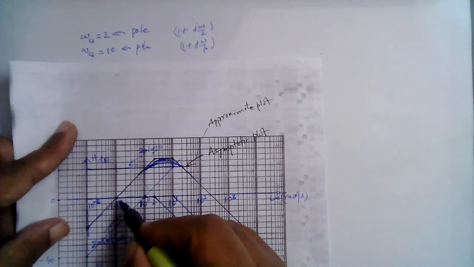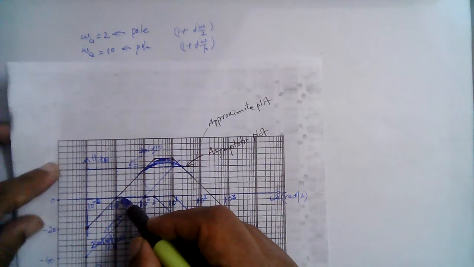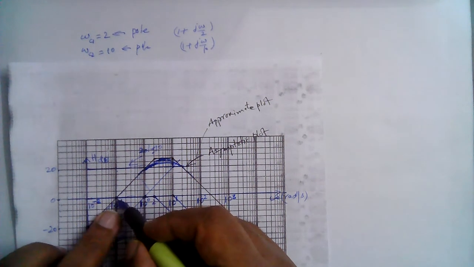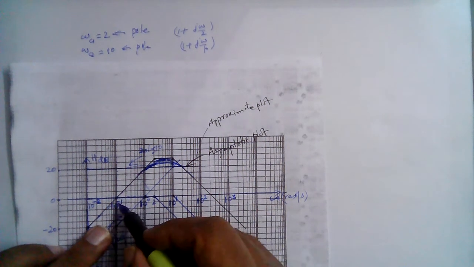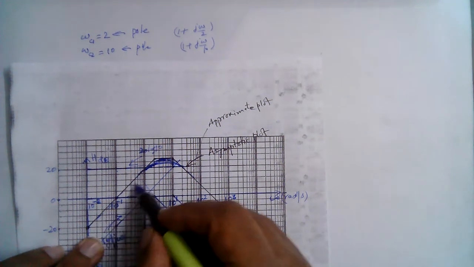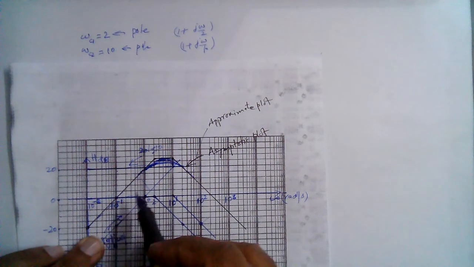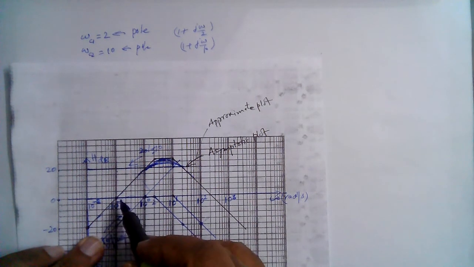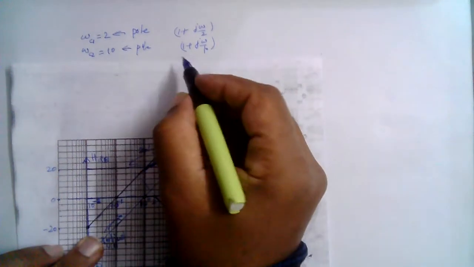So this term is basically a zero at the origin, because a straight line crossing the horizontal axis shows a simple zero at the origin.